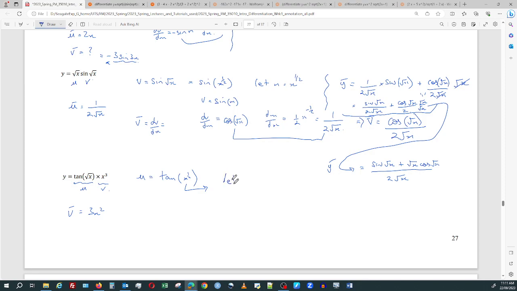Let m equal x to the half. So u will be equal to tan m. So we'll have a du dm and a dm dx. Okay, so this is just to get u dash. So u dash will be a product of those.